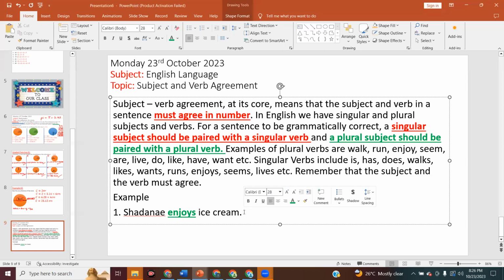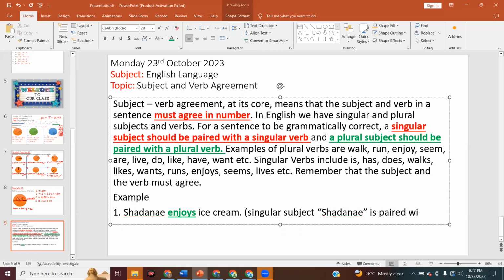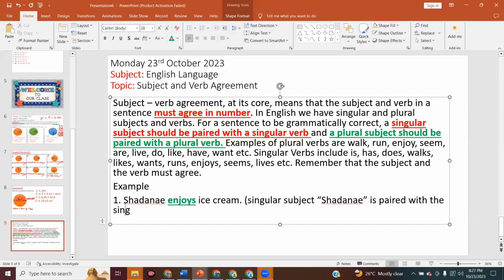So here we say that the subject and the verb agree. So the singular subject, Chardonnay, is paired with the singular verb, enjoys.